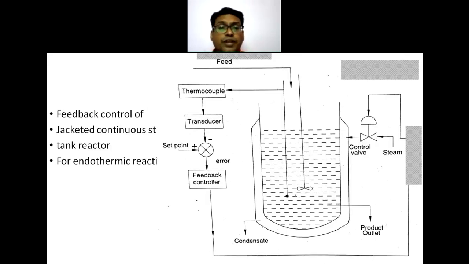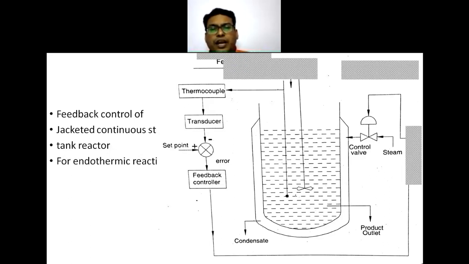Now next is the feedback control of a jacketed continuous stirred tank reactor for an endothermic reaction. In an endothermic reaction, not a huge amount of heat is generated. You want to supply the heat in case of endothermic reactions.